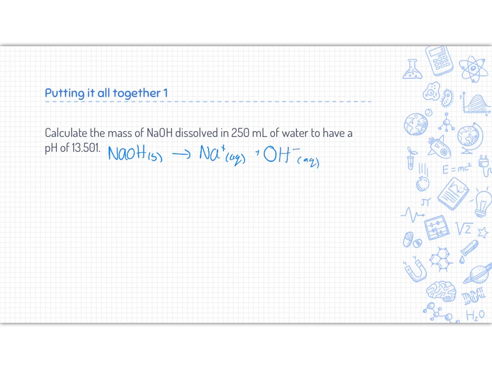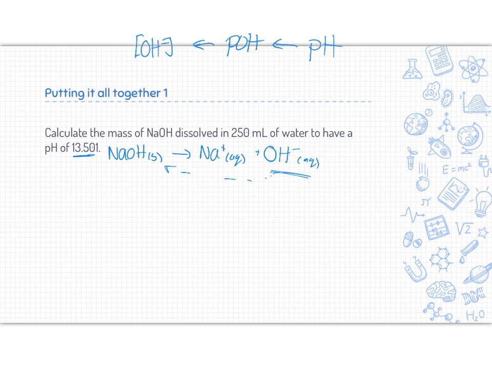The presence of OH minus tells me it's a base, and the fact that the pH is here tells me it is a base. If I'm working with a base, I want to turn pH into a pOH because, remember, if I have a pH, I can convert to a pOH, and with a pOH, I can find the concentration of OH minus. If I find the concentration of OH minus, I can then relate it back to the amount of NaOH dissolved in water.